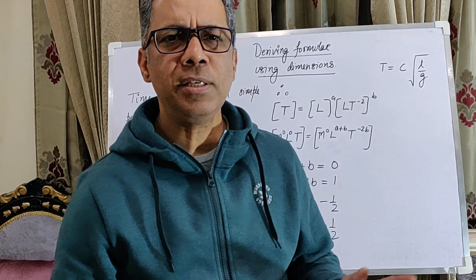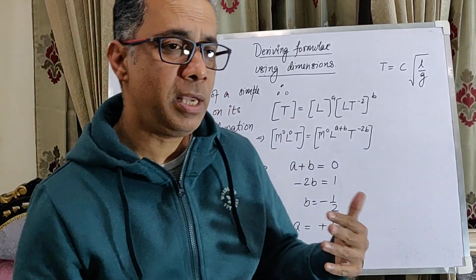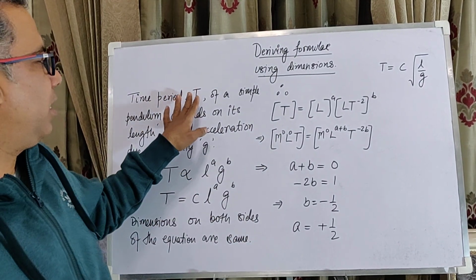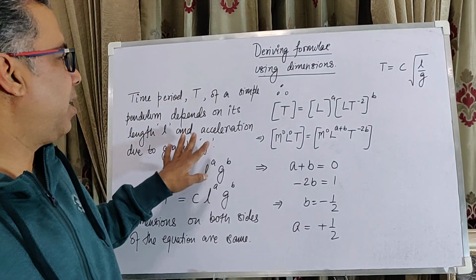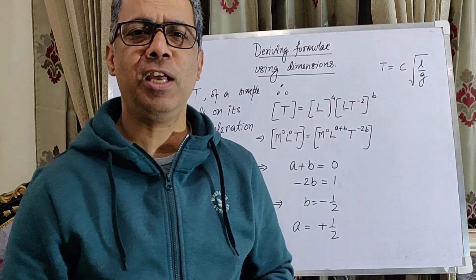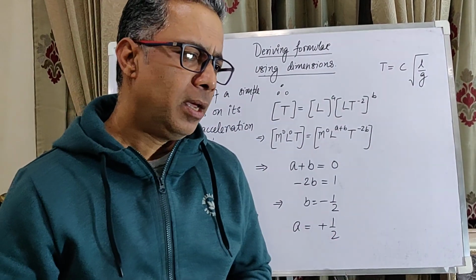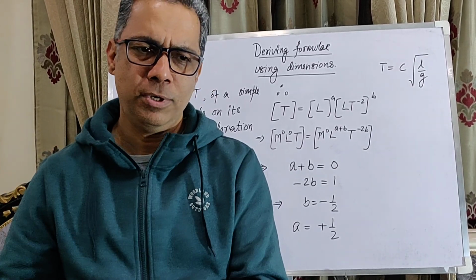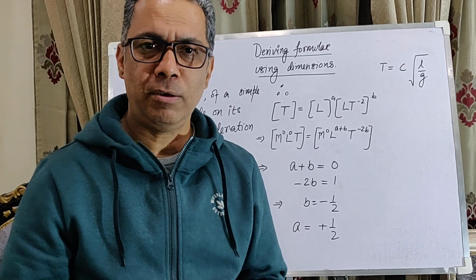So the process has certain drawbacks, and the biggest drawback of all is that you have to know the dependence first. That t depends on L and g has to be known before we can make this derivation, which basically brings you to using physical methods.